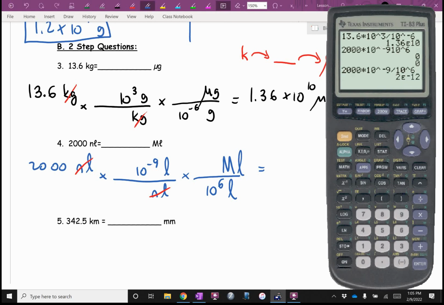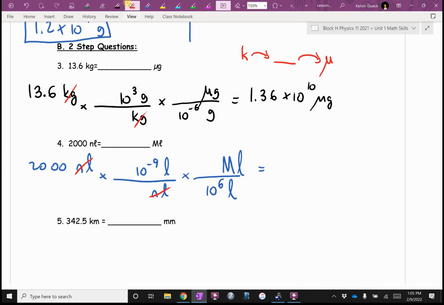You get 2 times 10 to the negative 12 megaliters.